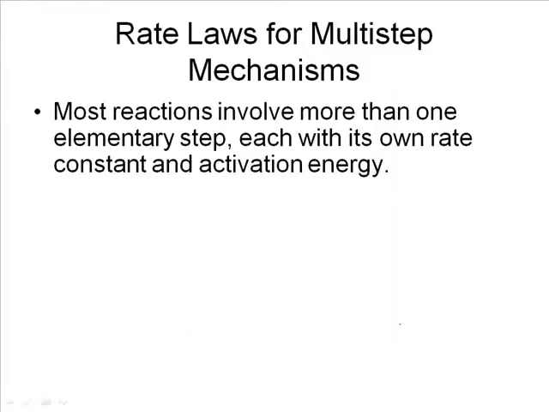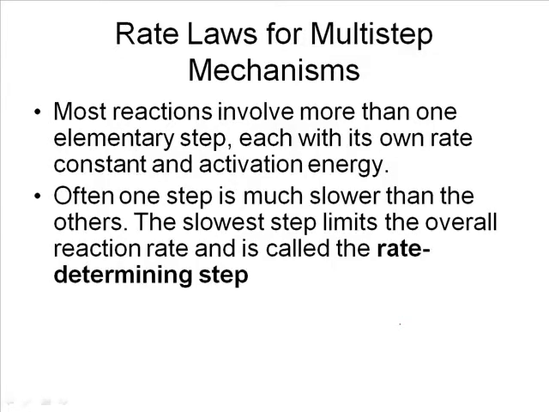Now, most reactions are going to involve more than one elementary step, each with its own rate constant and its own activation energy. You might have a 4-step process, steps 1, 2, 3, 4, and just like a chain is only as strong as its weakest link, let's say the first reaction is really fast, the second one is pretty slow, and the other two are fast.